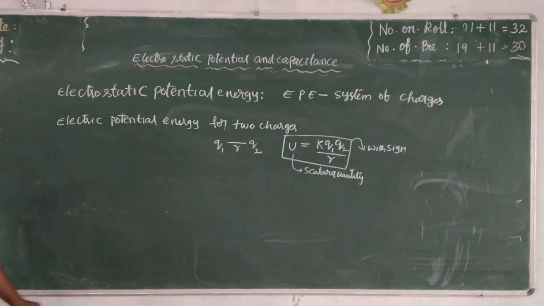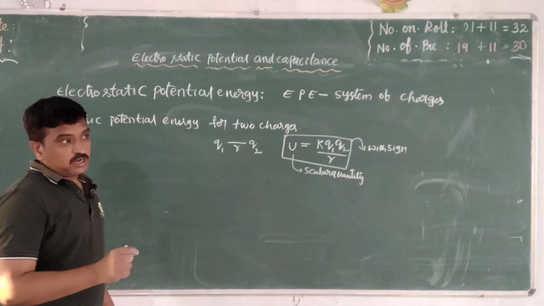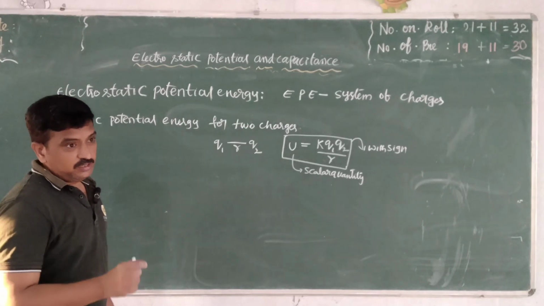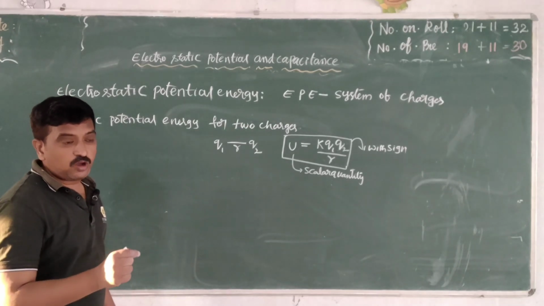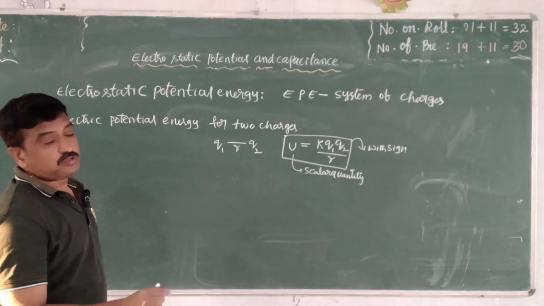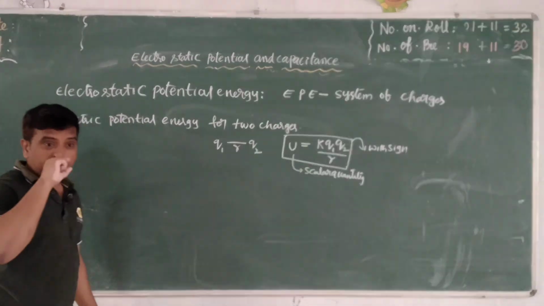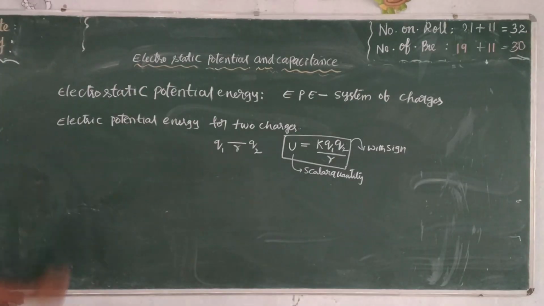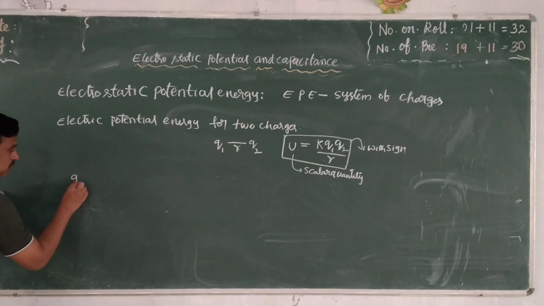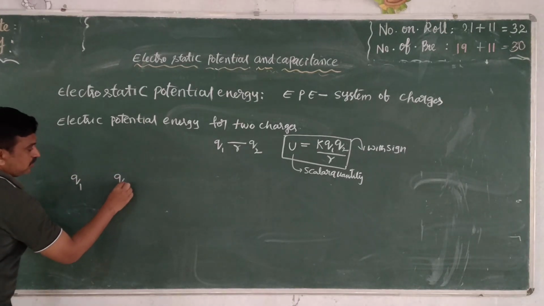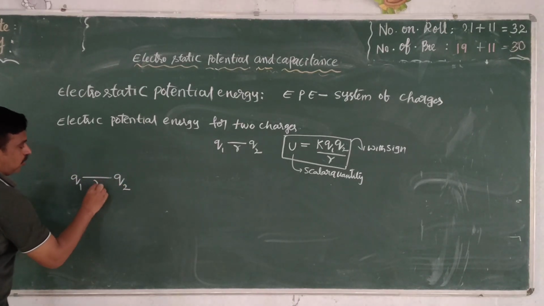What is electrostatic potential energy? Electrostatic potential energy is equal to negative of work done by electric force, or positive of work done by external agent. For example, this Q1 charge and Q2 charge we can arrange at some distance.